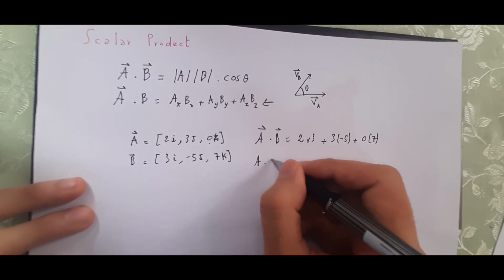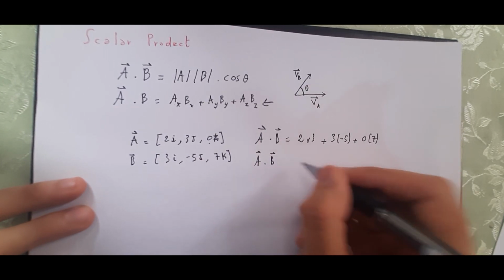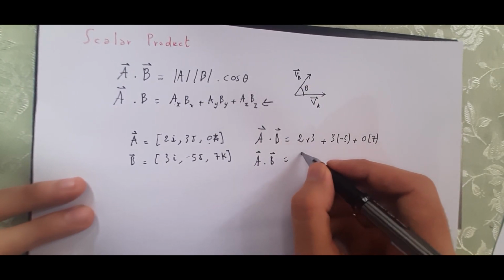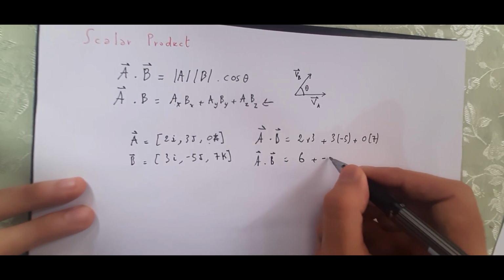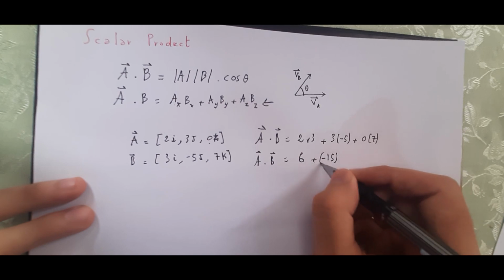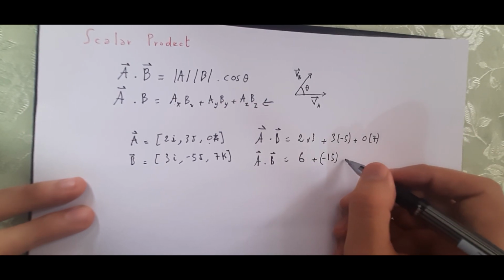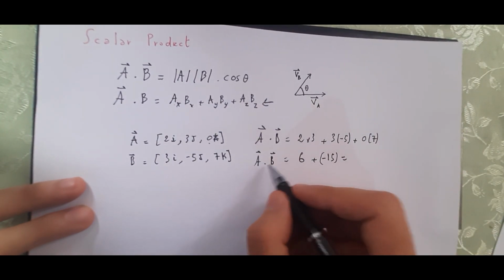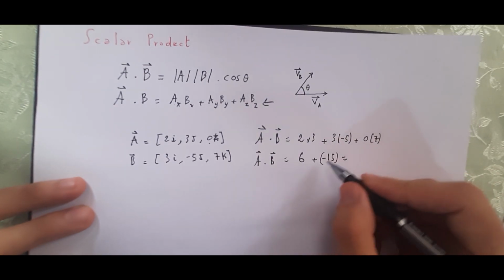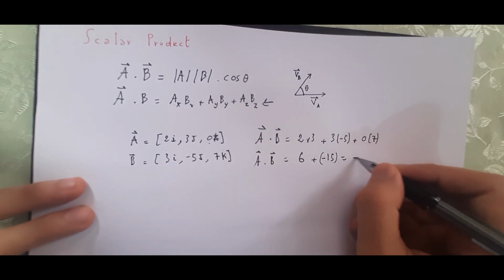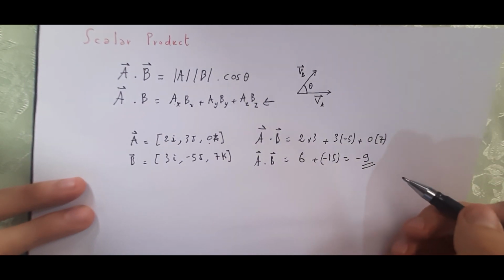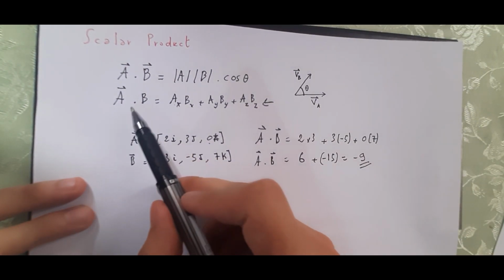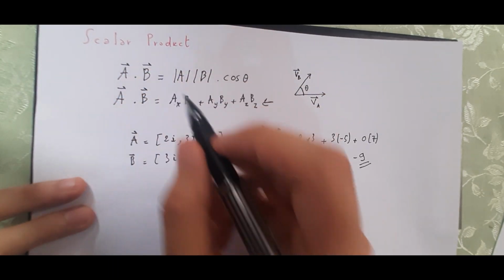So A dot B equals 2 times 3 is 6, 3 times negative 5 is negative 15, and 0. So the result of A dot B is 6 minus 15, which is negative 9, which is a number, a scalar. That's why we call it a scalar product.